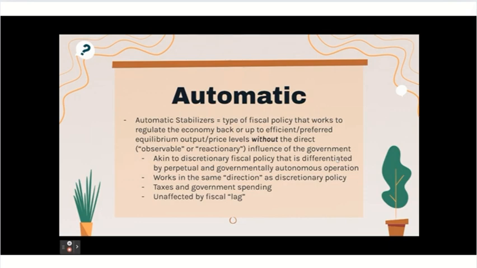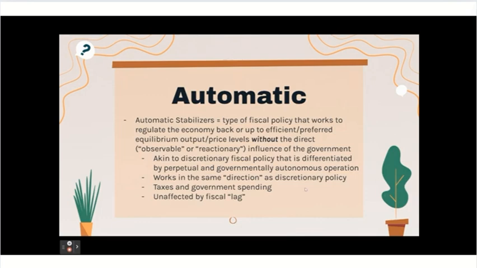So they would also enact their discretionary fiscal policy measures in the same direction, in the sense that it's downward towards the equilibrium from this high amount of economic activity. So downward is contractionary, upwards is expansionary, and discretionary and automatic work together to take it in whatever direction it needs to go.